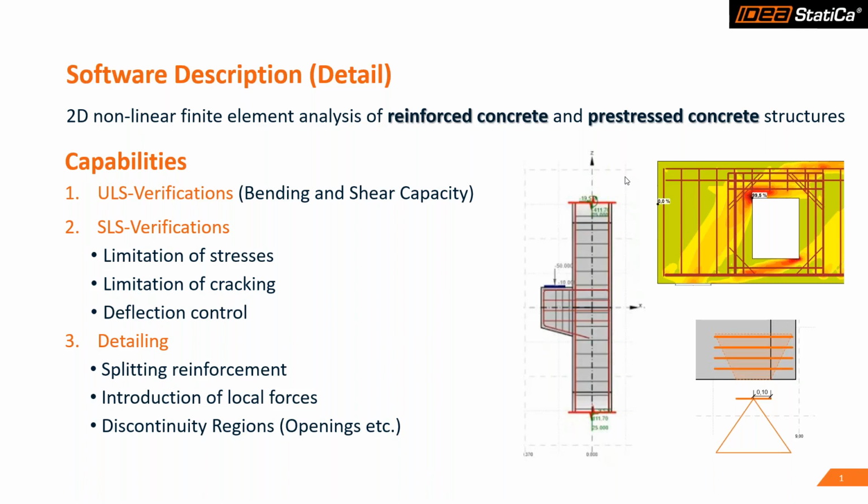We can also conduct verification of the serviceability limit state. It means limitation of stresses for all of the materials: concrete, steel, and prestressed steel. We can also calculate numerically the crack width, which means that we can conduct limitation of cracking. And we can also calculate the deflections, always taking into account precisely the cracking of concrete.